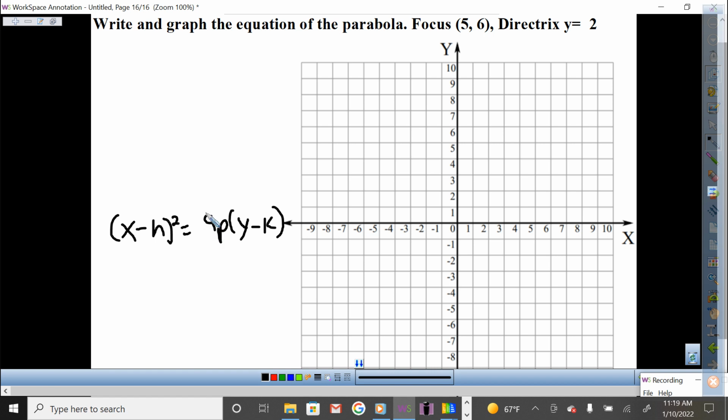You guys remember this, yes? And then I said, let's change the h and k to green, so we know that's going to be our vertex. Remember, our vertex is (h, k).